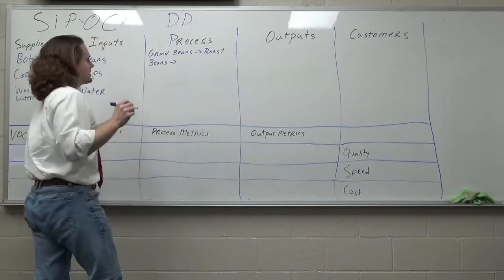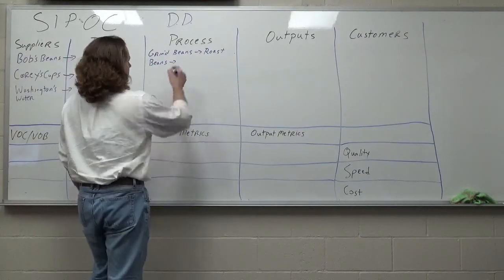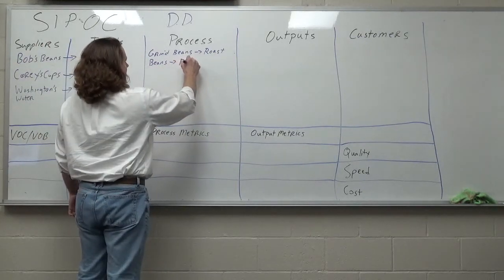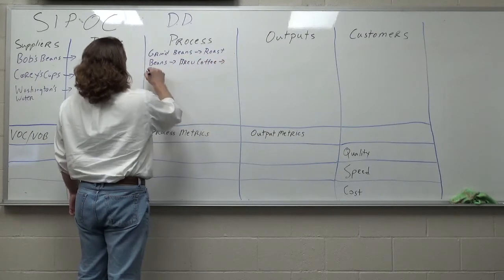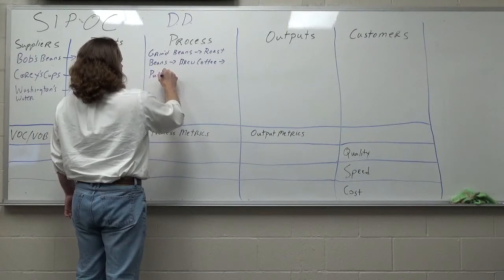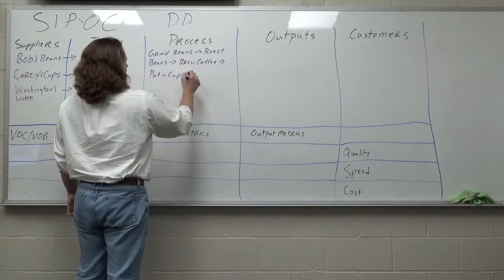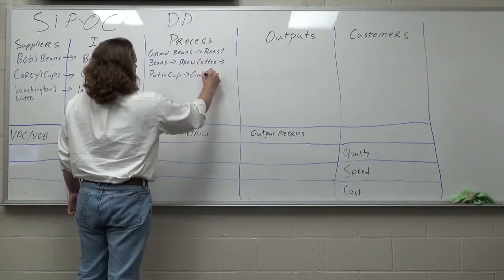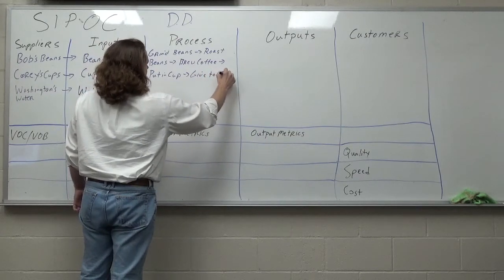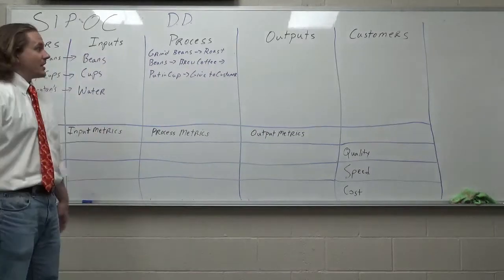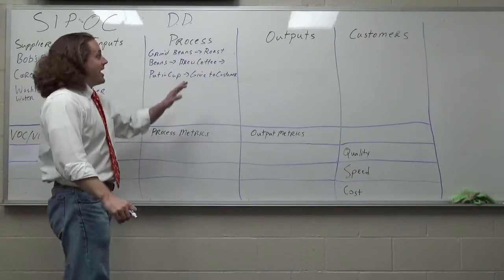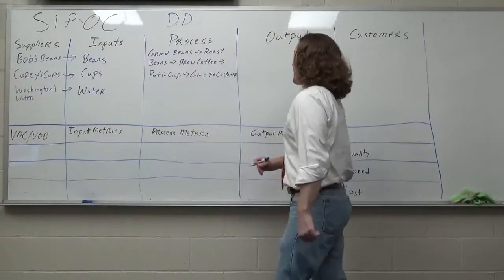And then you're going to brew the coffee. Put it in a cup. Give to customer. Okay? So that'll be how this process works. And the output is a gourmet cup of coffee.